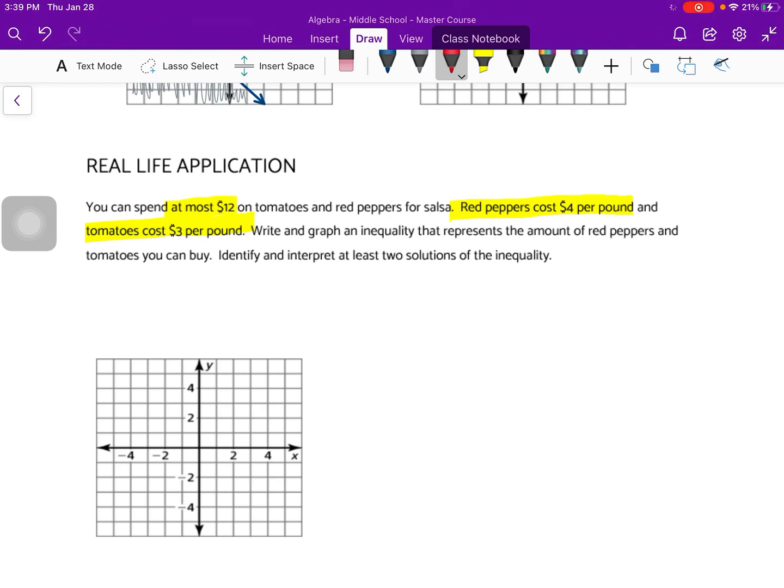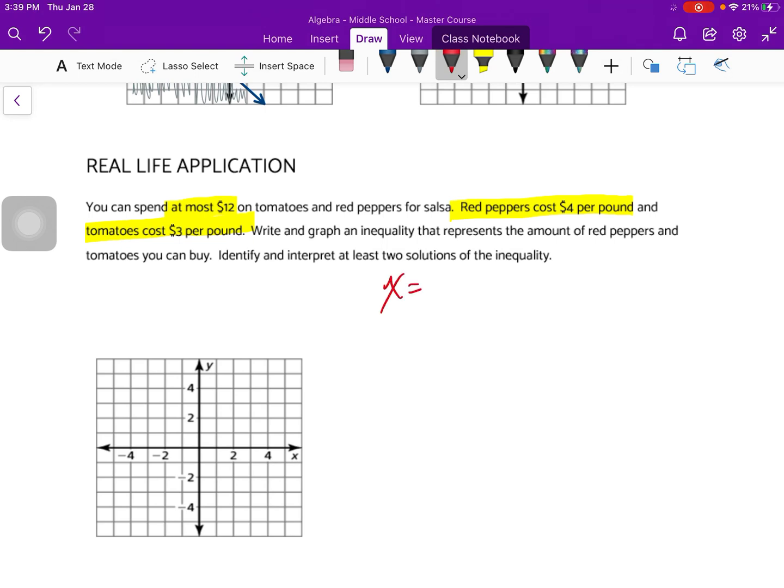So remember, the first thing we always do is start with a variable statement. I like meaningful variables. So instead of using x and y, I'm going to use r and t. Whoops, I don't know why I wrote r and t. So I'm going to say, well, let's do this. We'll use x and y. That way you can see it clearly on your coordinate plane.